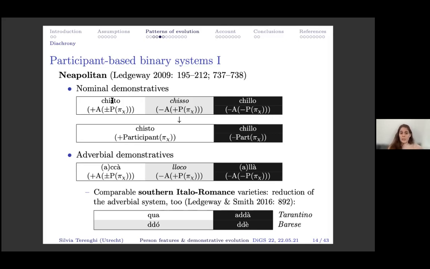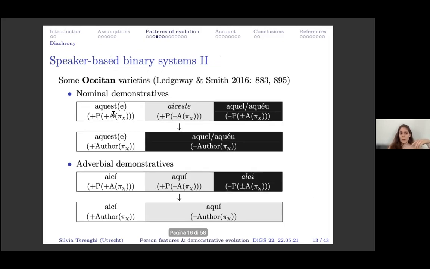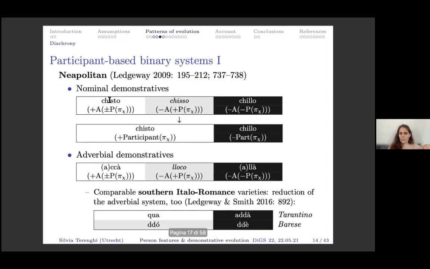speech participants, whereas the hearer-oriented term was only used to make specific reference to the hearer when the pragmatic conditions made it extremely necessary. So for this reason, I take this system to result from a quadripartition, with the inverse ordering of operations. So rather than plus minus author, we have plus minus participant first.